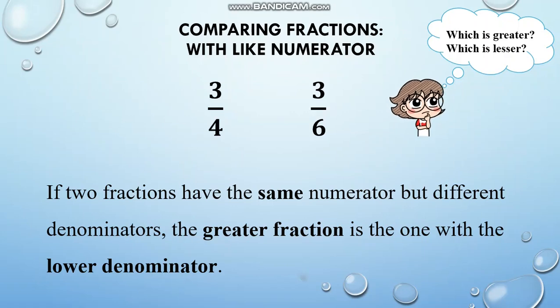So let's look at the denominators, or the numbers under the vinculum. We have 4 and 6. Of the numbers 4 and 6, which one is lower? 4. So the fraction with the lowest denominator is greater, which means that 3/4 is more than 3/6.